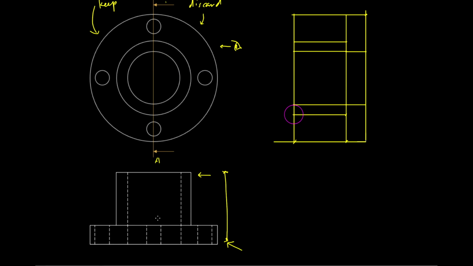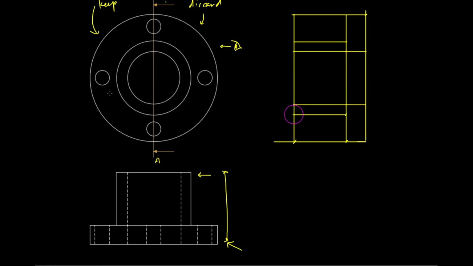Okay. So, this part, these two, this cylinder and this cylinder right here, will no longer appear. Because if you do the cutting plane, you see the cutting plane here, this will be discarded. So, we no longer care about this portion. This part is at the back, and remember that the goal of the cutting plane, or the goal of the sectional view, is to expose the internal features.